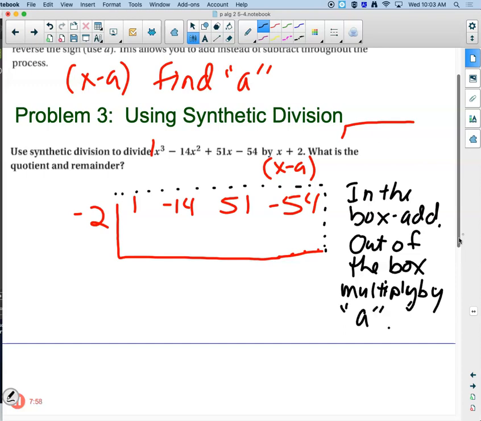And I'll put those little quotation marks around our a. Because remember, the first thing we did was we picked out a. So this is a, that number out in front.